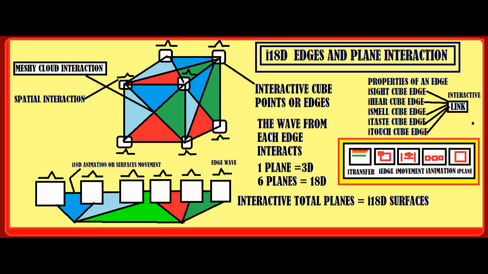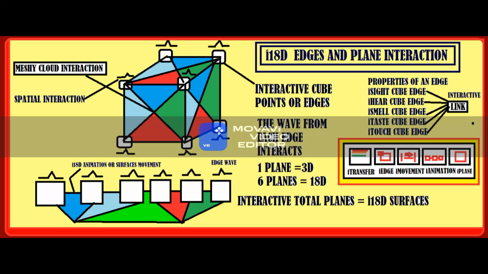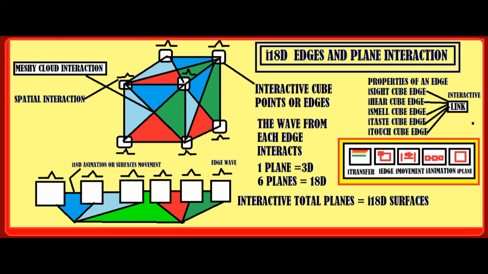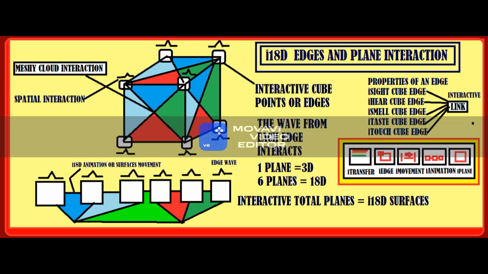For example, if you have an object and you want to touch this object, most of the time we carry objects through their planes or through their edges. And so if you've carried something through the plane or edges, you understand definitely that these edges can either be touch waves, sight waves, hear waves, smell waves, or taste waves. Like when you have something in your mouth, there tends to be a movement, and that tends to be a dimensional movement as a result of the properties of the edges or points.